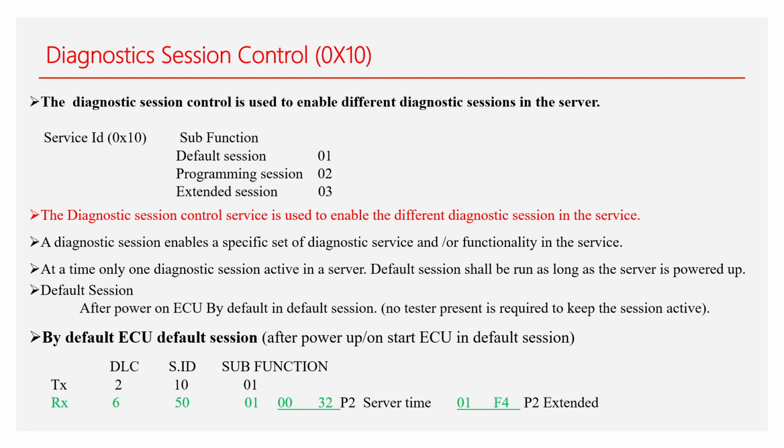So same way, this type of security feature will be provided. The main purpose of service 10 is to prevent unwanted access. Another person does not have the license to access your car. So these types of security features will be provided by service 10.